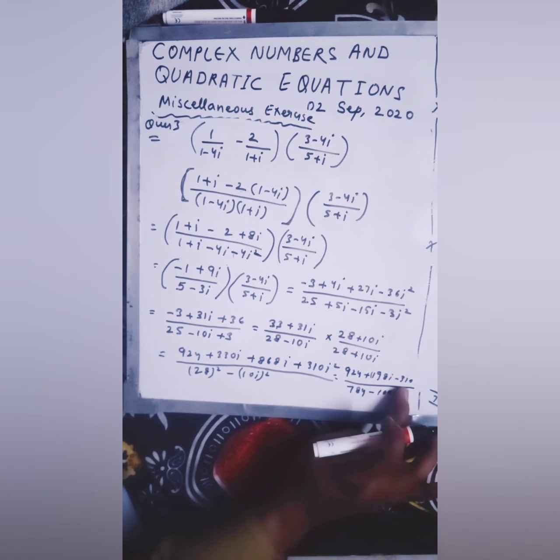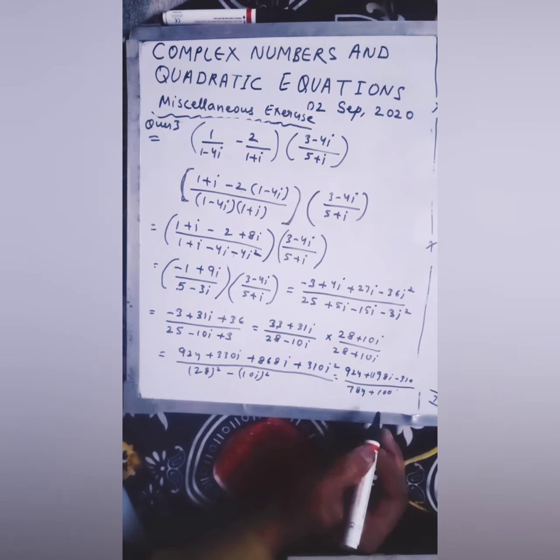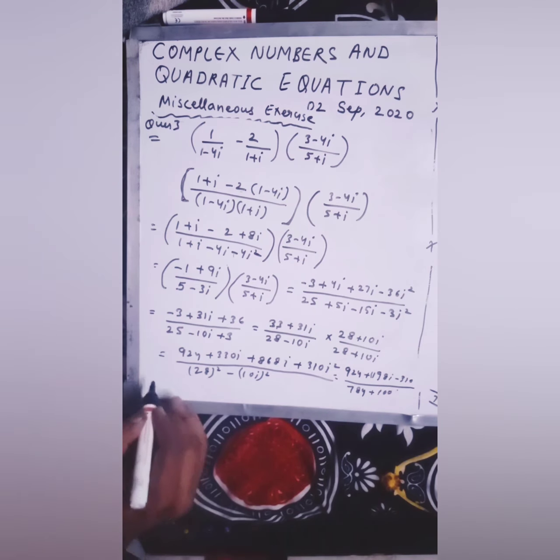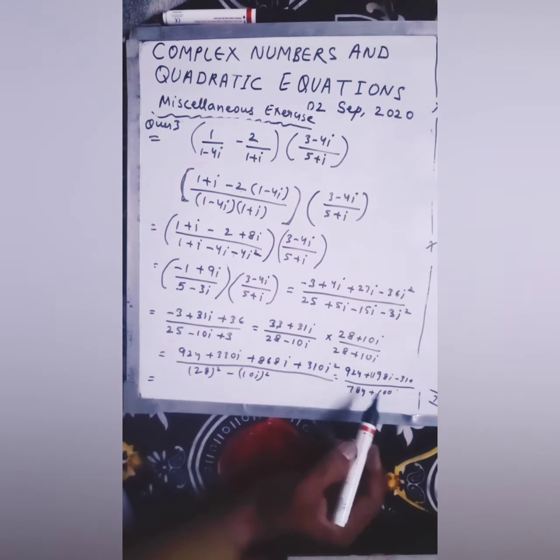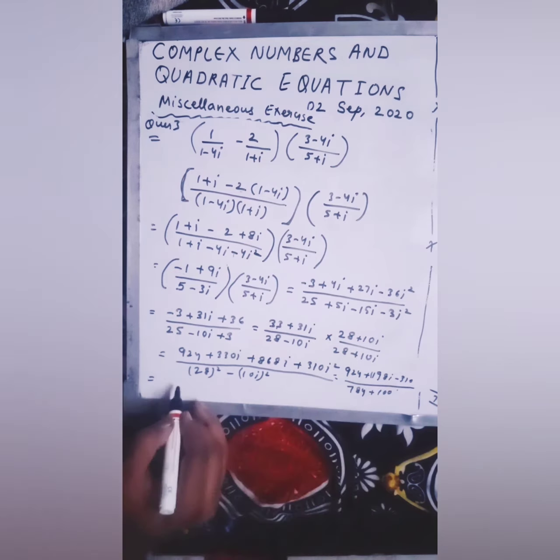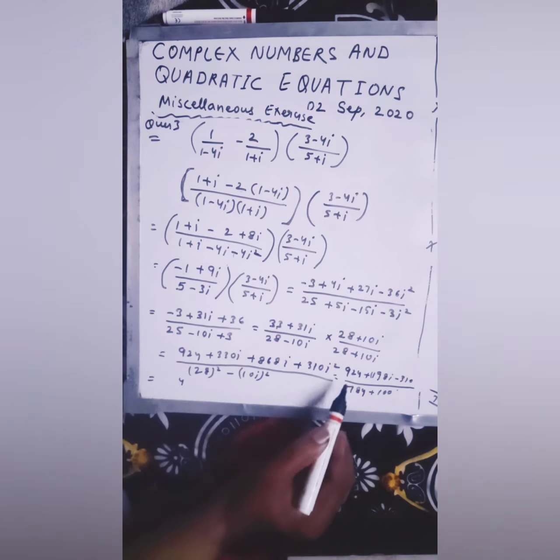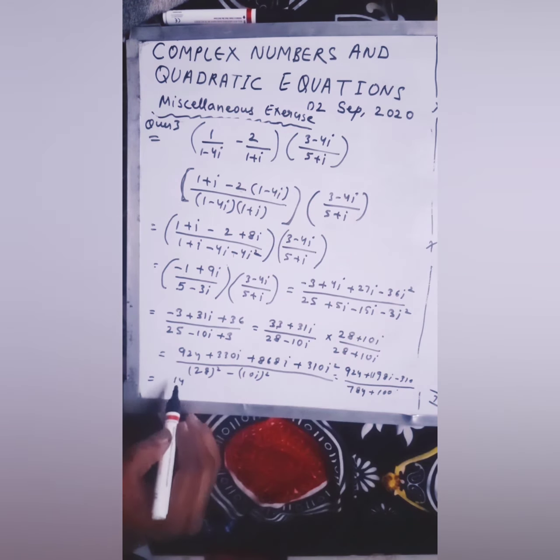I am solving iota square here, iota square will be minus 1, so I am writing plus here. Now finally you have to subtract these two.